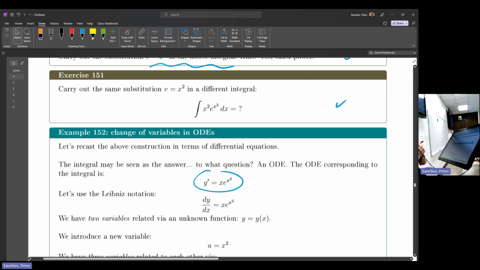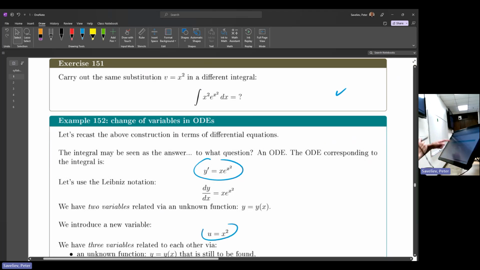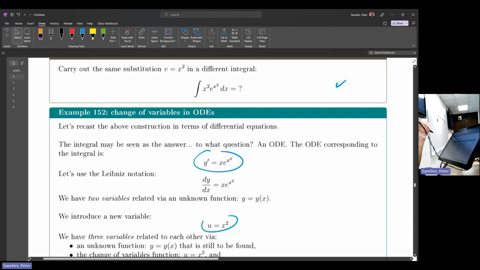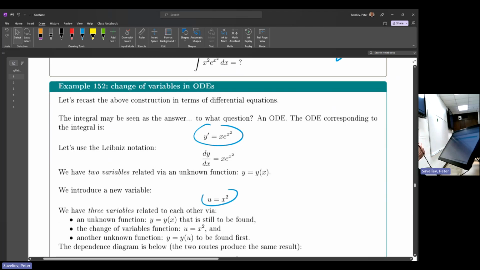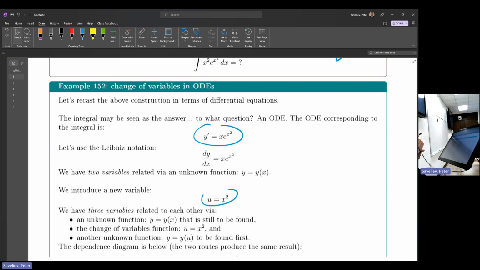Same thing. The new variable has already been decided: it will be x squared. And once again, the clue to you, if there is a substitution or composition, that will be a new variable. We have three variables to worry about now. The unknown function is y in terms of x. Once again, I did not name the function; I used the name of the output variable y for it.